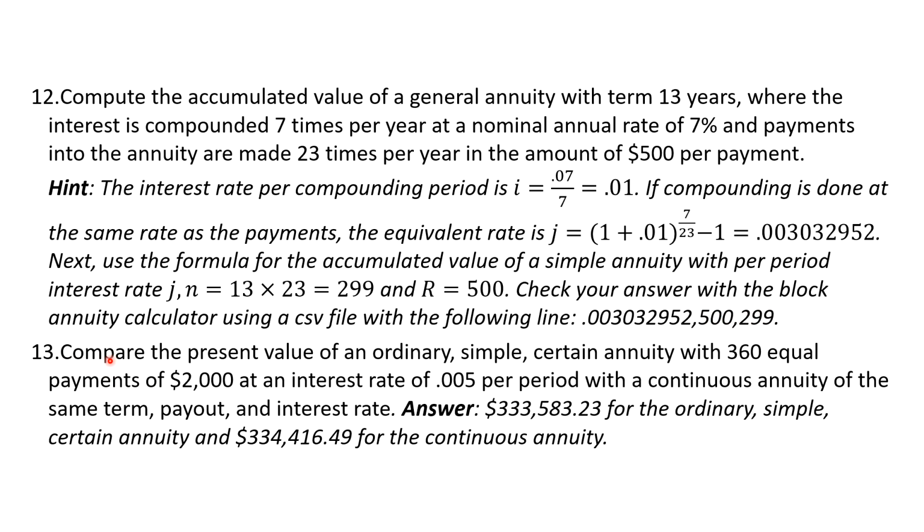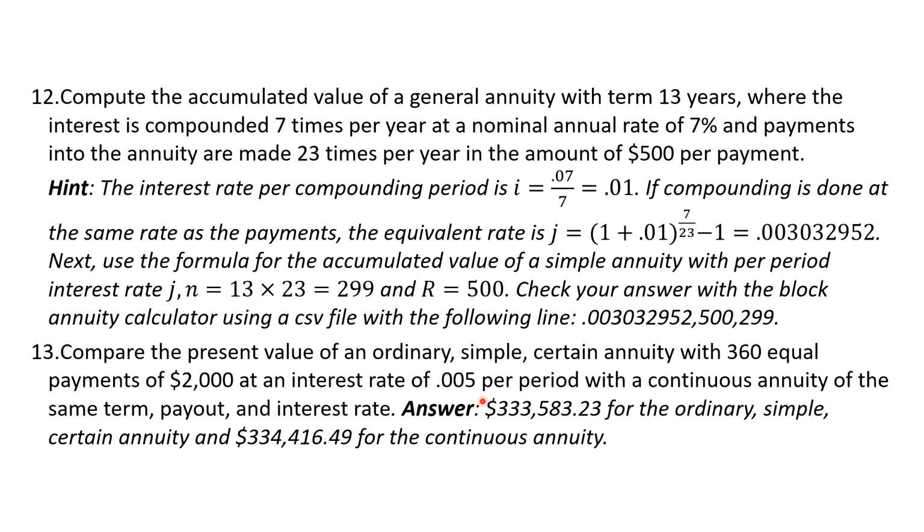And then the final example is compare the present value of an ordinary simple certain annuity with 360 equal payments of $2,000 at an interest rate of 0.005 per period with a continuous annuity of the same term, payout, and interest rate.